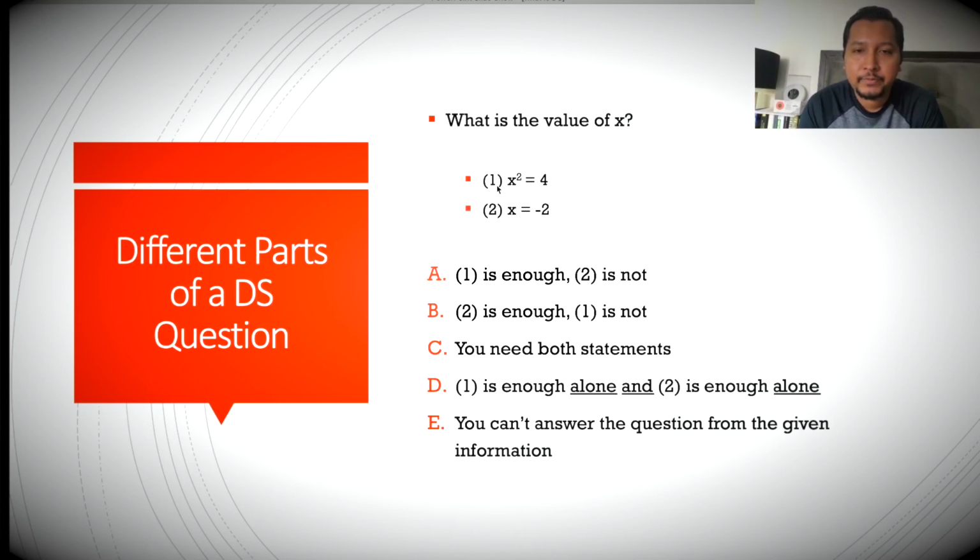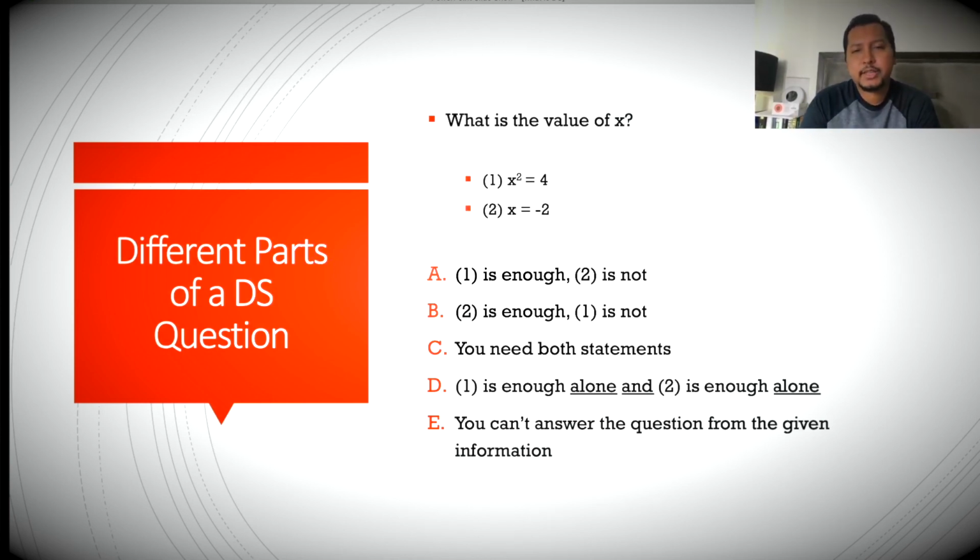So statement 1 alone is not sufficient, so we can cross out A, and we can also cross out D, because in order for D to be true, 1 would have to be enough standalone as well. So we cross out A and D. Now let's see what the second statement tells us. It tells us x equals minus 2.